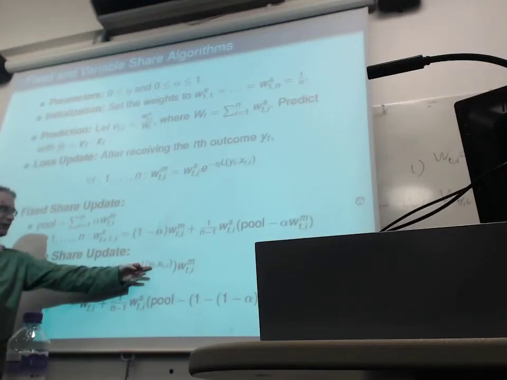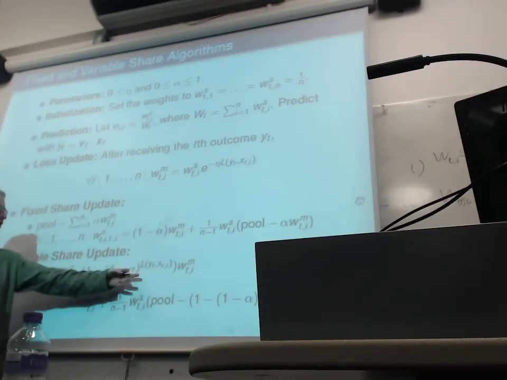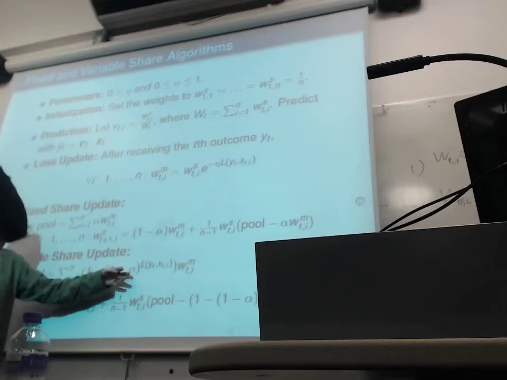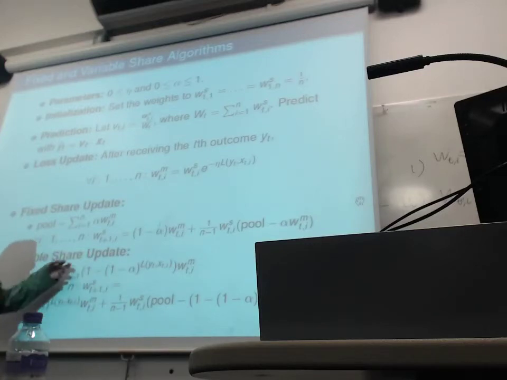If it makes loss of 1, because our loss is scaled to 1, then it keeps 1 minus alpha to the 1. It gives up alpha of its weight. So now we scale the amount of weight it gives between 0 and alpha smoothly with respect to its loss. And so if you do that, that tends to have better performance.